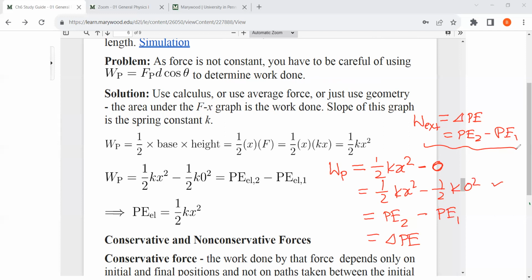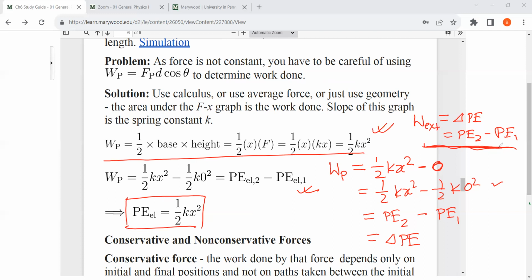So the work done by the external force in stretching or compressing a spring is half kx squared, and by comparing this equation with the concept of gravitational potential energy, we can show that the elastic potential energy is equal to half kx squared.